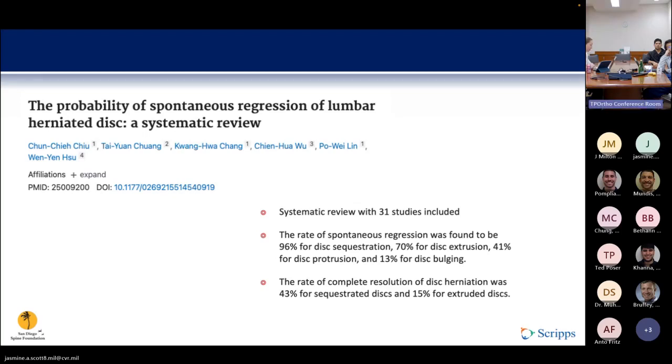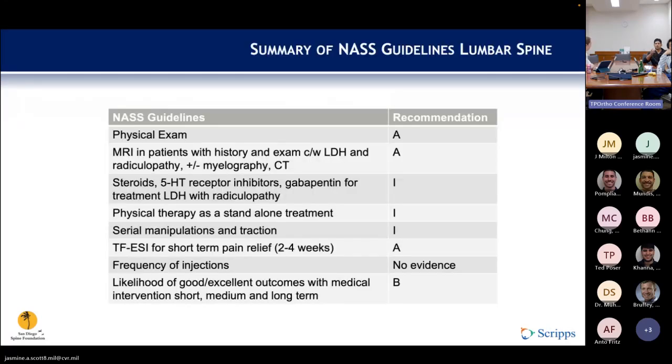And the rate of complete resolution of the herniated disc was 43% for sequestrated and 15% for extruded. So again, just keep in mind that in the natural history of these, many of them will resolve. Is it hydration? They're like attachments, though. The sequestered one. Oh, and that's why they resolve. Oh, interesting. Yeah, I noted that was much higher than the other ones.